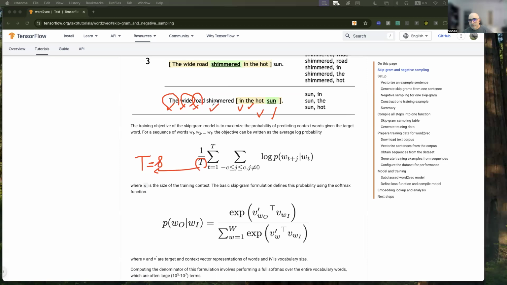So for every word that we have in here, we calculate the probability of the words in that window size. So in this case, the C that you see is the window size.